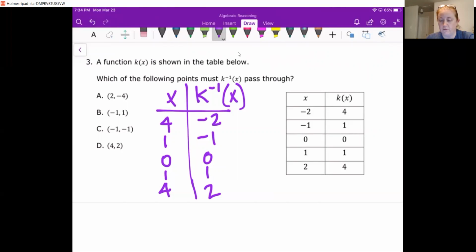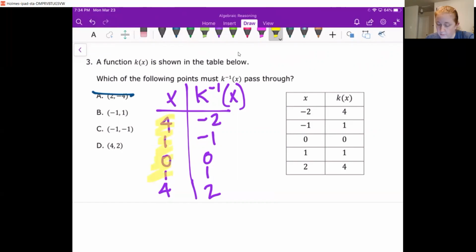So all right, so our first one, we have our letter A, 2, -4. I don't have that point anywhere. None of these values in the x's start with a 2, so A is out. A is gone. Now let's try B, -1, 1.